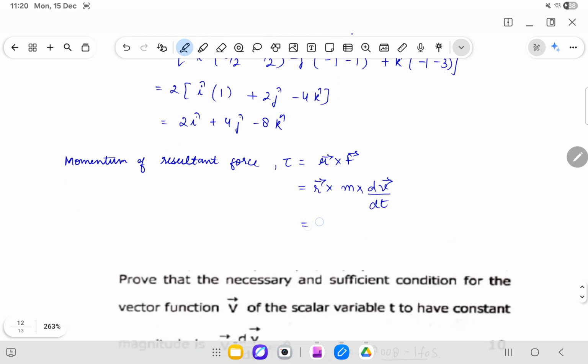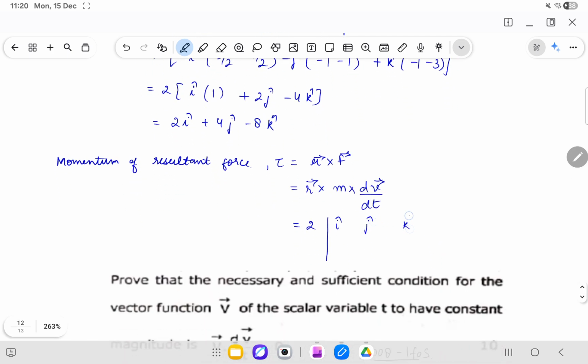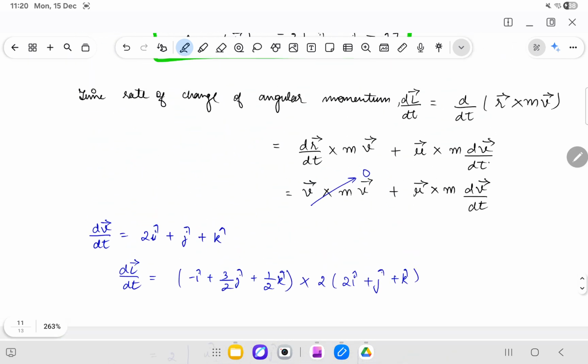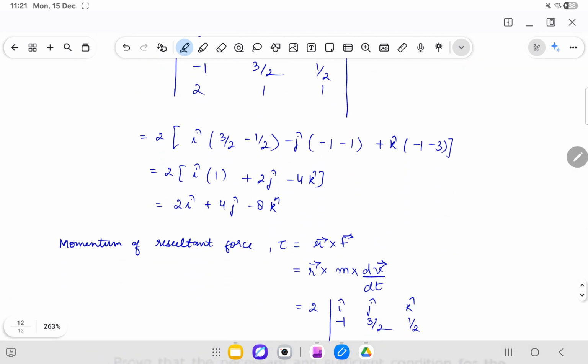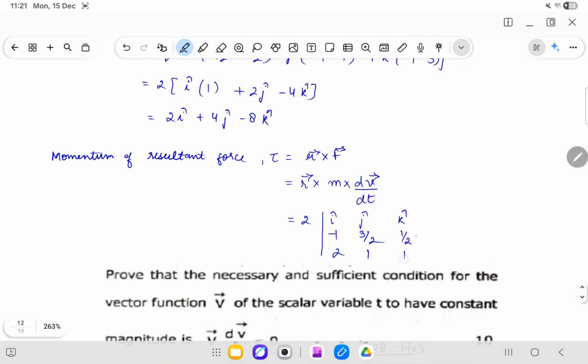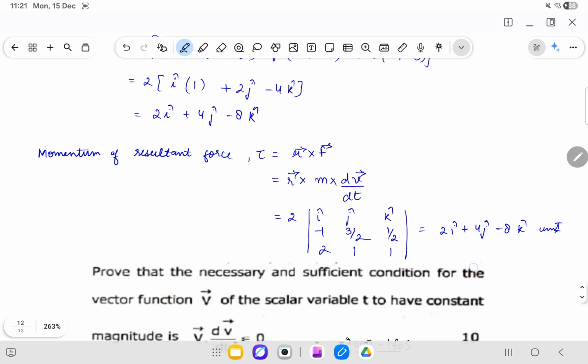So here it will be 2 times r vector cross acceleration, where r vector is minus 1 by 2, 3 by 2, 1 by 2, and acceleration will be 2 1 1. So it again simplifies to 2 i cap plus 4 j cap minus 8 k cap units. So this completes this question as well.